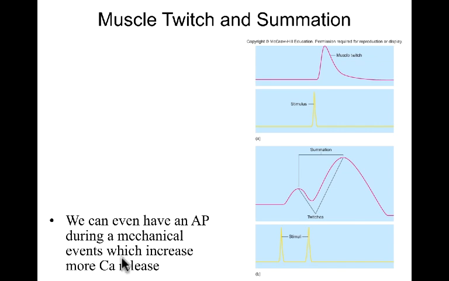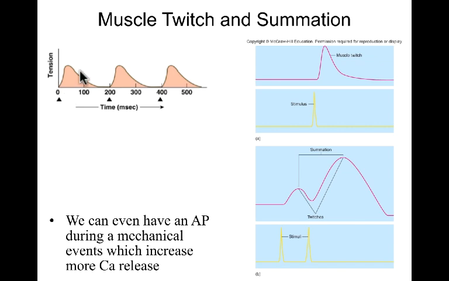So don't forget that we can have an action potential even during a mechanical event, and that still increases the calcium inside the cell. This picture here shows different twitches. This arrowhead shows when you stimulate. In this case, you stimulate once, the muscle goes into contraction and then relaxes. After relaxation is completed, you're going to send a second stimulation. Again, you're going to have another contraction and relaxation. Again, after this relaxation is completed, you're going to send the third one.